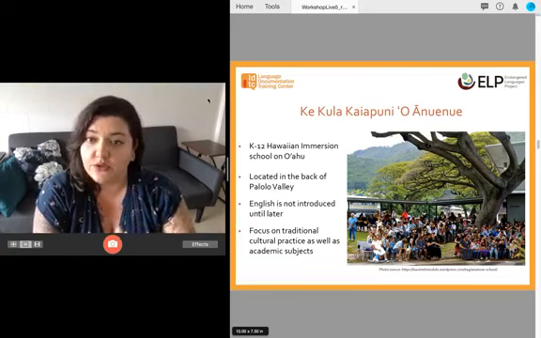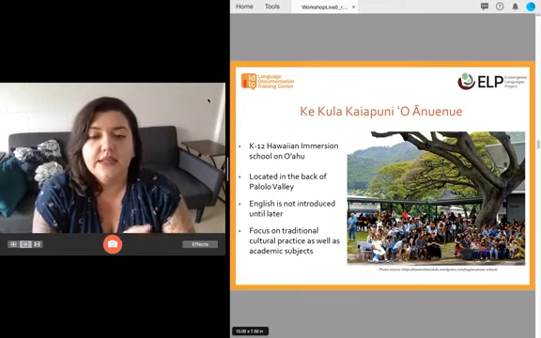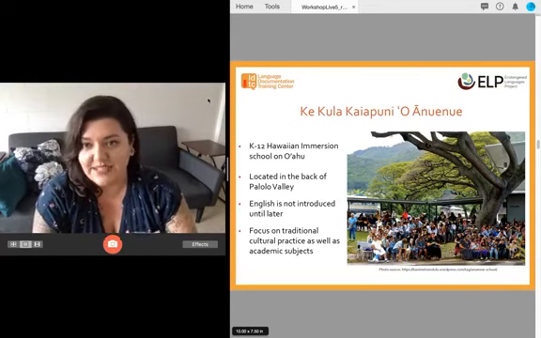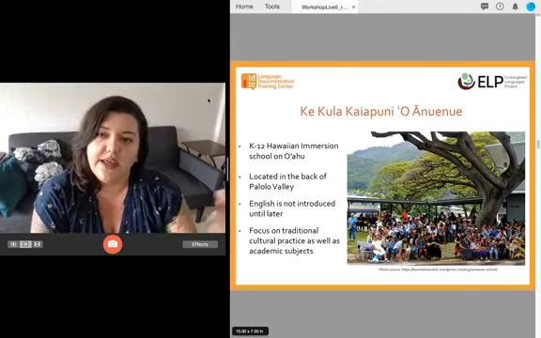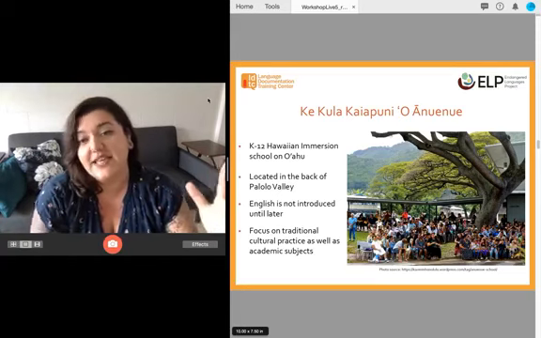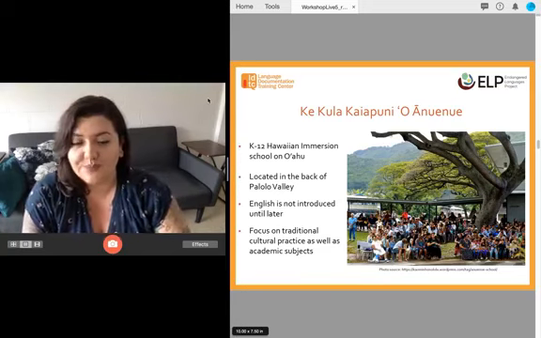So it's not immersion the whole way through, but immersion in the first part and then a mixed model after that. It focuses both on traditional cultural practices as well as academic subjects. So it's a fusion of education from the Department of Education academic standards and Hawaiian cultural education as well.